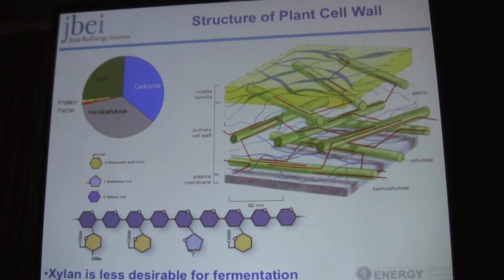Xylan is the major hemicellulose in plant biomass. It is made up of pentose polymers, and these pentoses are less desirable for fermentation because they don't ferment as efficiently as hexoses.